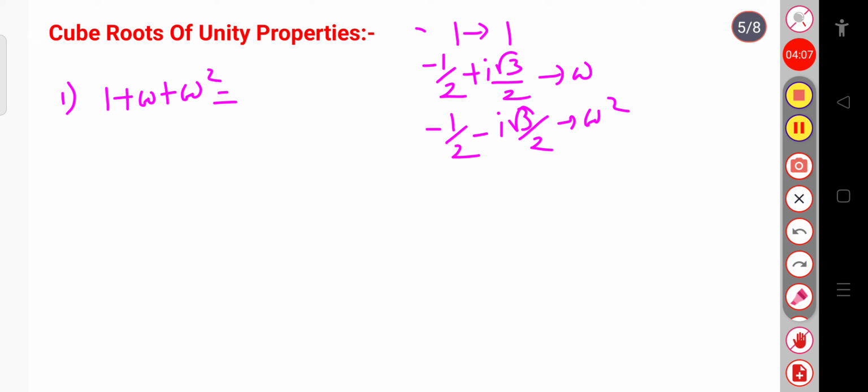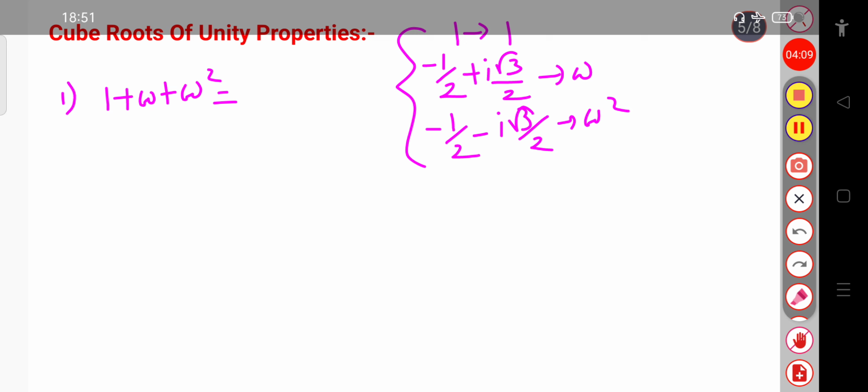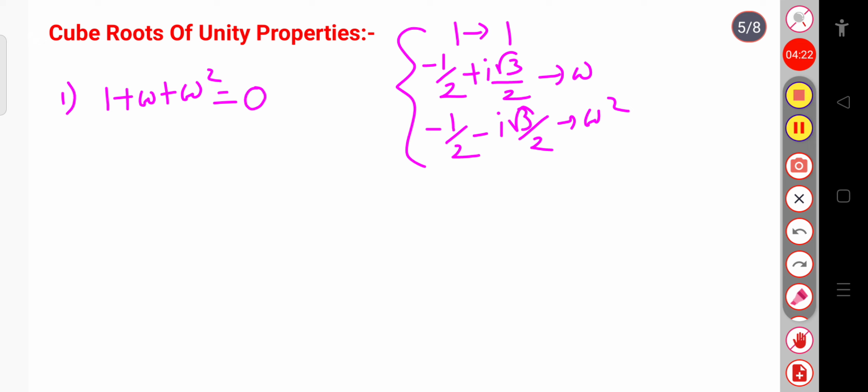If I add these 3, then 1 plus minus half and minus half becomes minus 1, so 1 minus 1 is 0, and plus iota root 3 by 2 minus iota root 3 by 2 get cancelled. So 1 plus omega plus omega square gives 0.